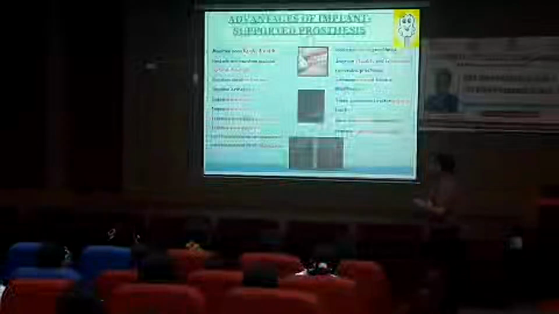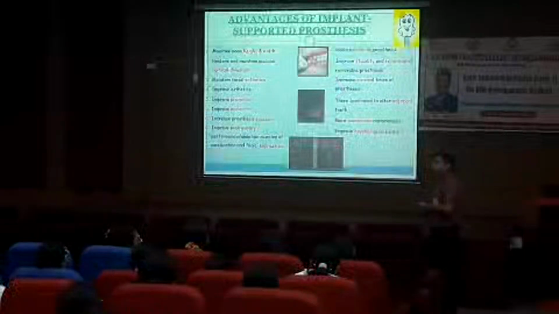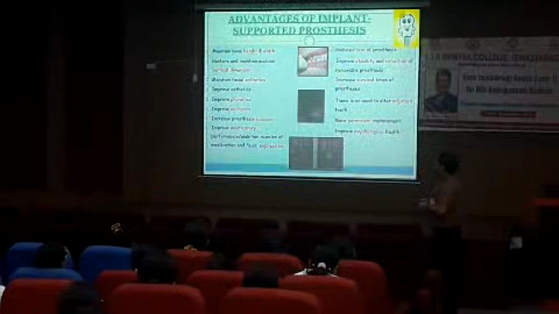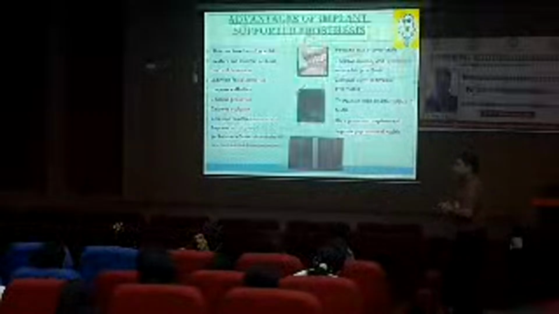Advantage, maintain the bone and height, we already discussed. Then maintain the facial aesthetic, improve phonetics because it is fixed, then improve occlusion, we can improve the occlusion with the fixed prosthesis, and better distribution of prosthetic stress. If it is a single tooth replacement, we are replacing a single missing tooth with a single implant.